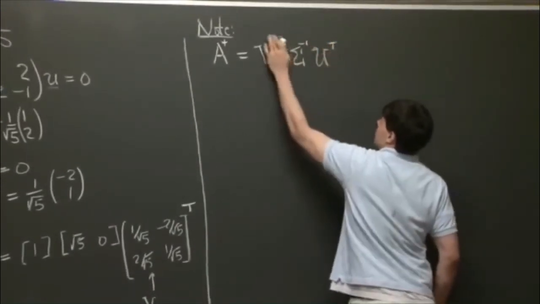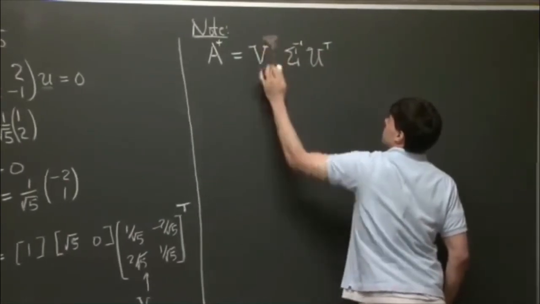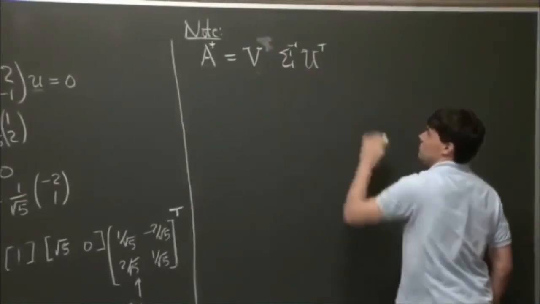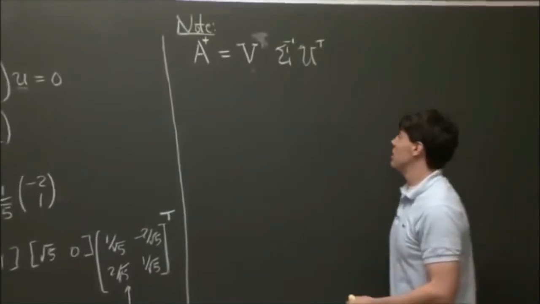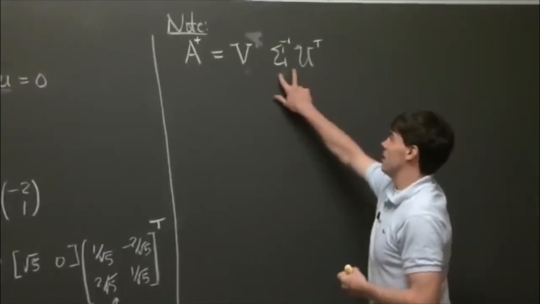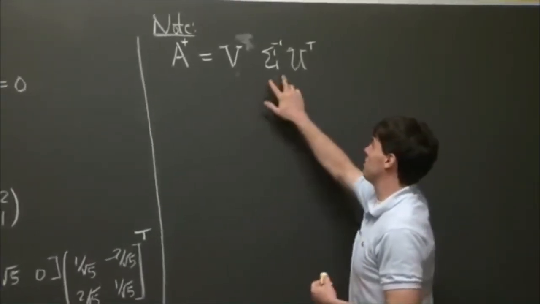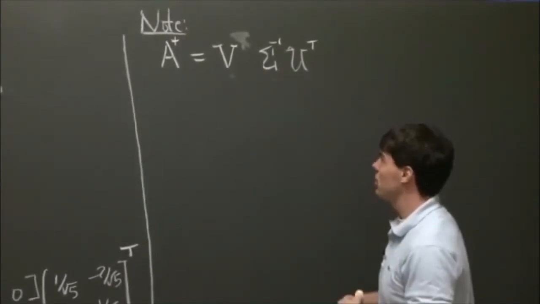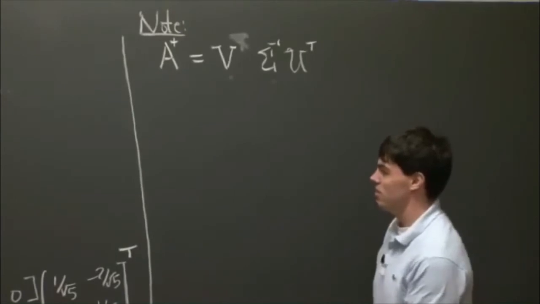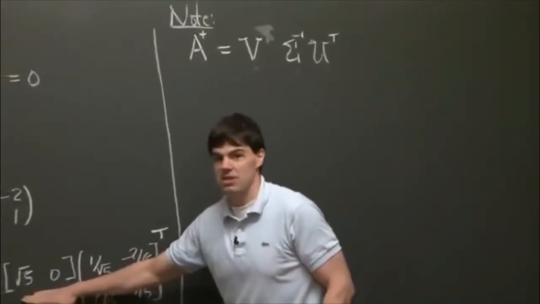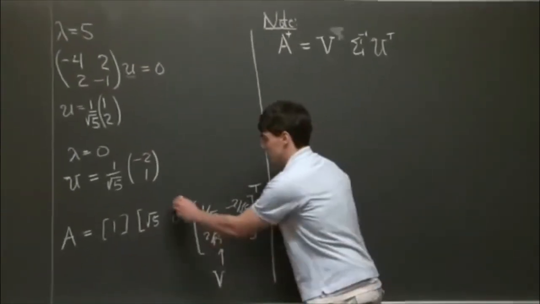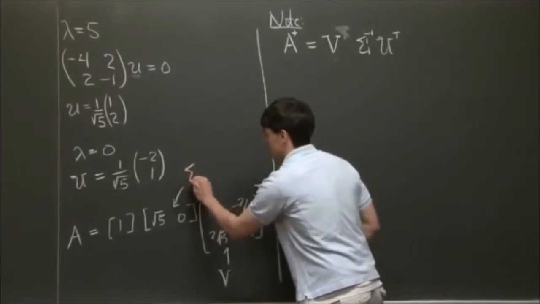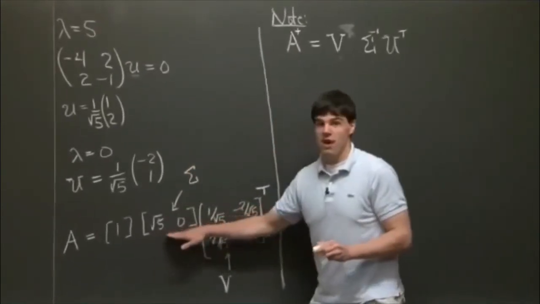Oh, sorry, this is not V transpose, this is just V. So it'd be V sigma inverse U transpose. And when A is invertible, sigma inverse exists. So in our case, sigma inverse doesn't necessarily exist because sigma is root 5 and 0.